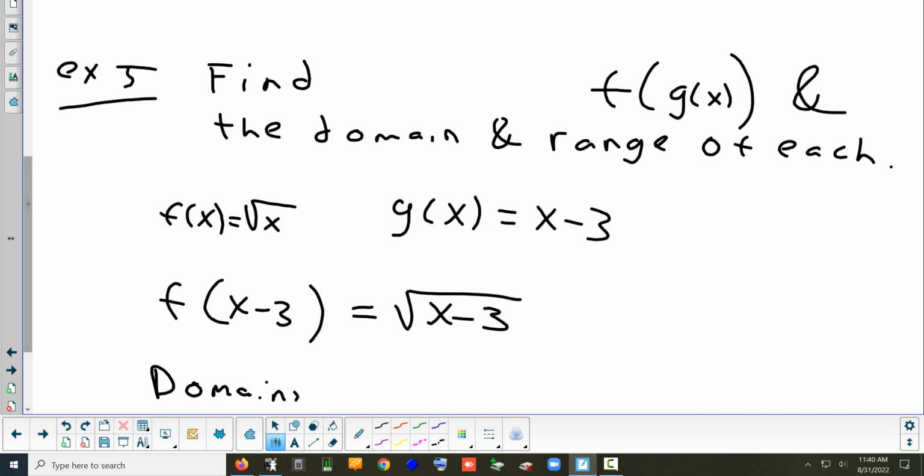Look at the original inside function, g of x. Are there any restrictions on the domain of g of x? The domain of g of x? That's the inside function.